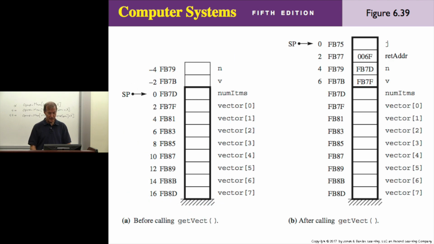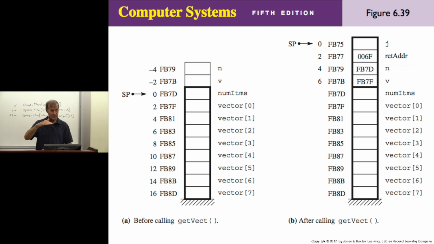So if we come to figure 6.39b, what we see is that SP is pointing to that very top cell, FB75, and where is v, the formal parameter v? How far down from the stack pointer is that? Can you see it there?